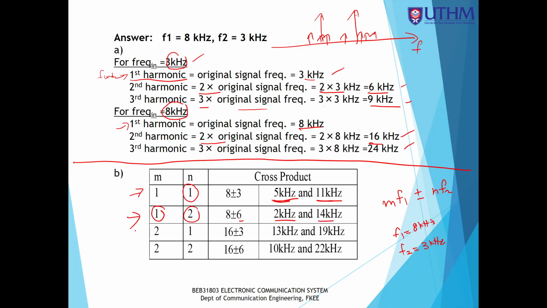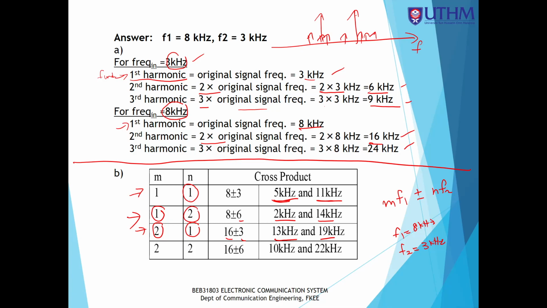Then M equals 2, N equals 1, so that means 2 times 8 kilohertz, which is 16, and 1 times 3, we get 3 kilohertz. So the difference is 16 minus 3, we get 13. The V sum is 16 plus 3, so we get 19 kilohertz.